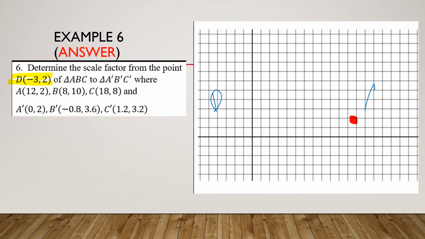That's point A. And then we're going to plot A prime. So A prime was 0, 2. So over 0, up 2. That's our A prime.